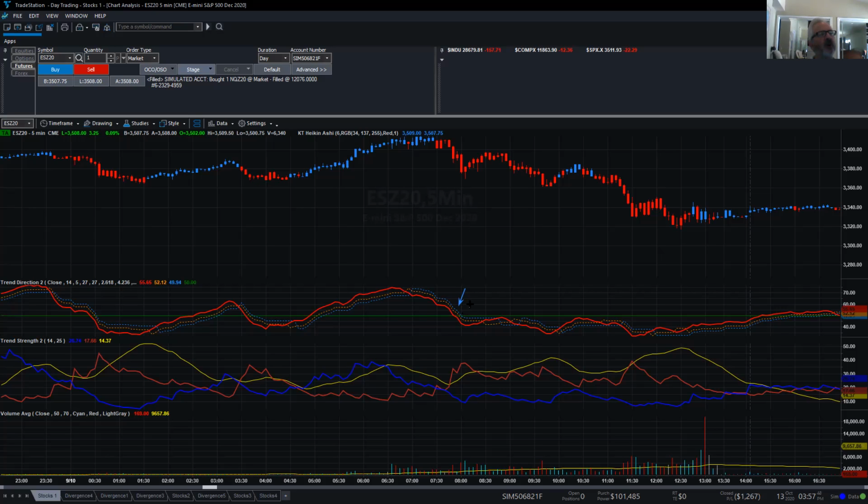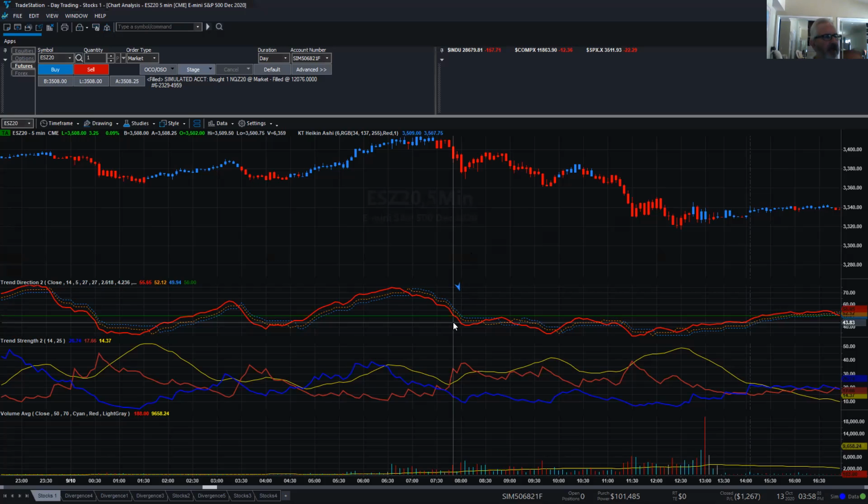I do not want to get caught in taking a trade after this big move. Let's see what would have happened if we had followed our system. Okay, right here, right there, we have still our bullish. Okay, we're still bullish right here. On the close, we're bullish. This bar here did not give us an entrance.